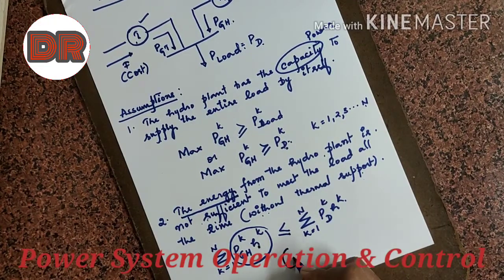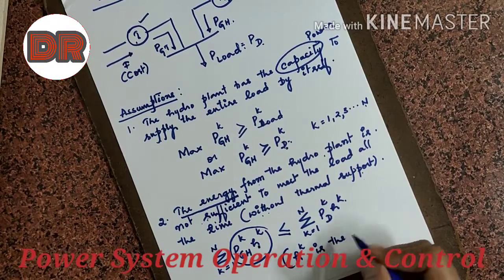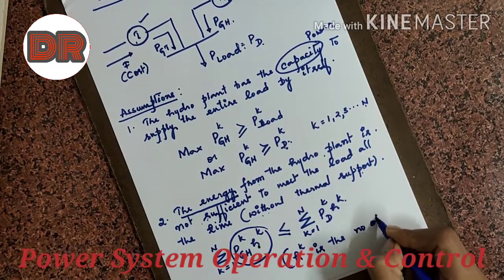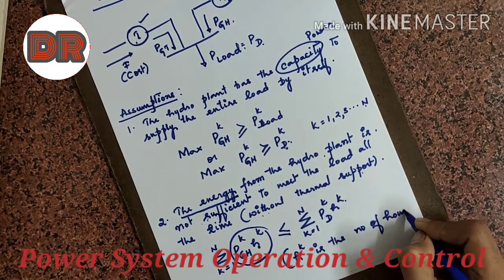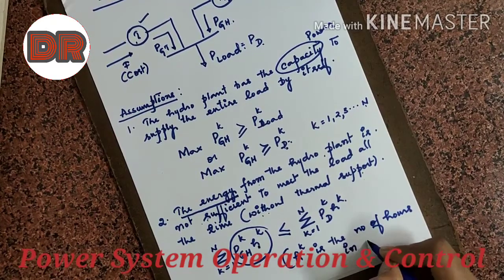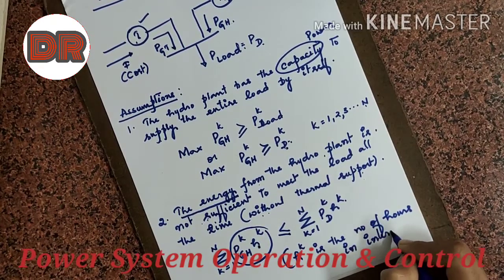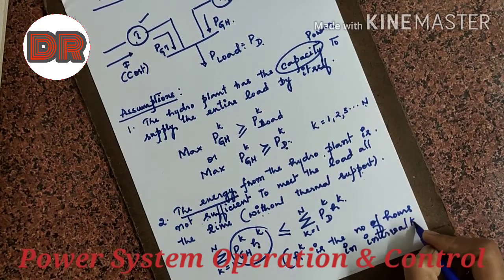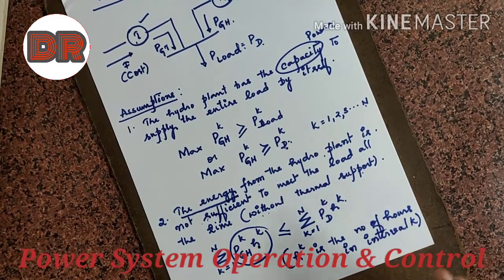So I can write where HK is the number of hours in interval K. Remember that an interval is not just a 1 hour period. Each interval can be for many hours.